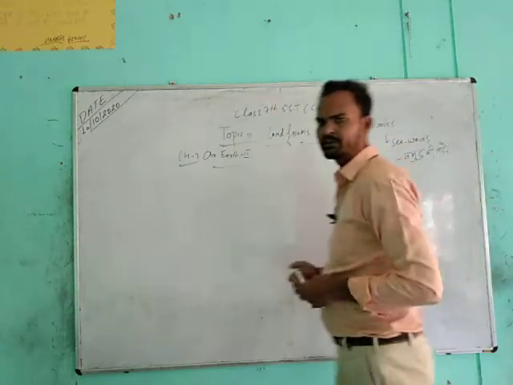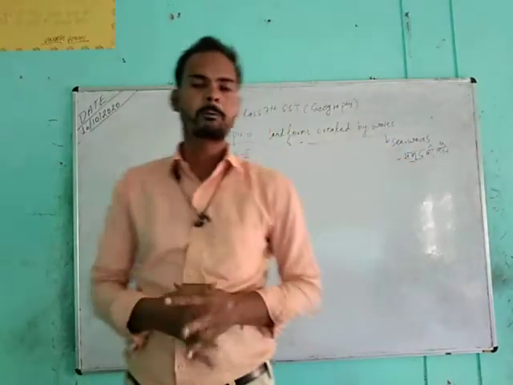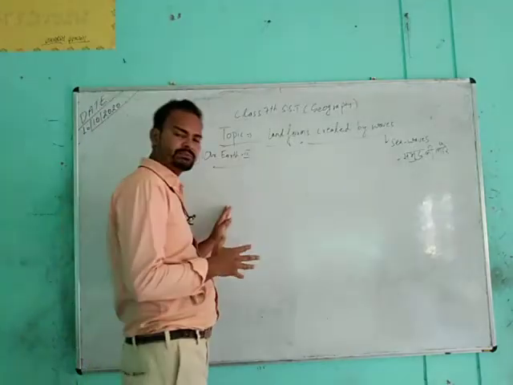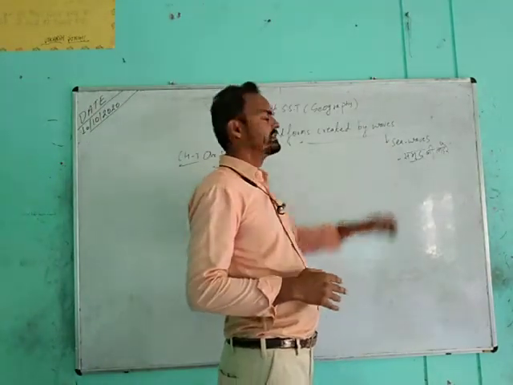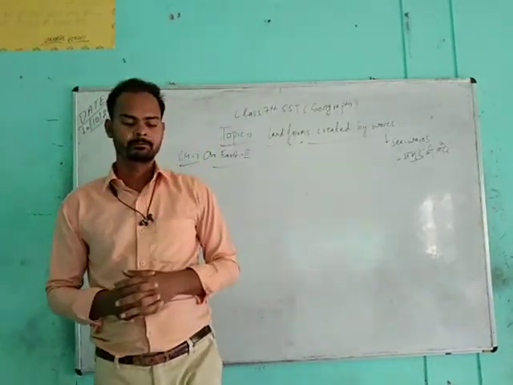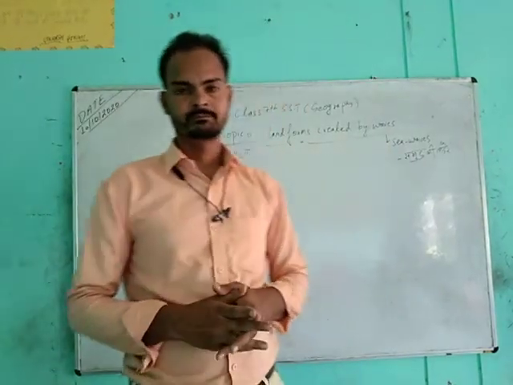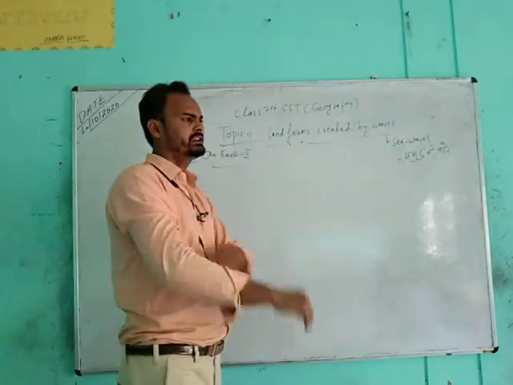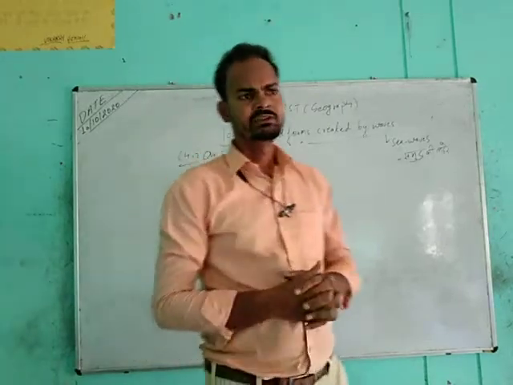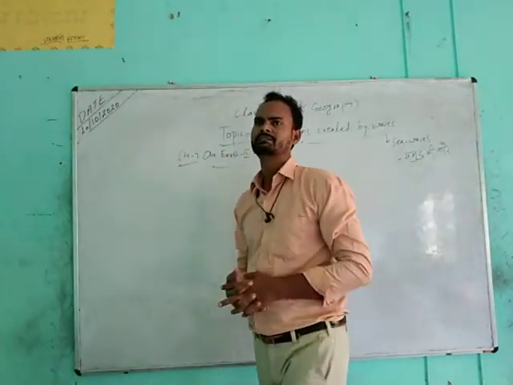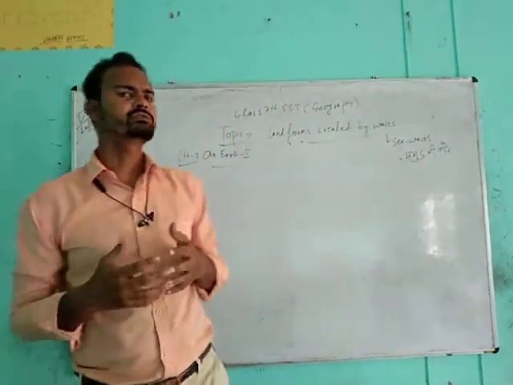Students, in this video we are going to check how sea waves make landforms. How, by the sea waves, landforms occur. Before we talk about this, we have to understand that sea waves are a natural force.